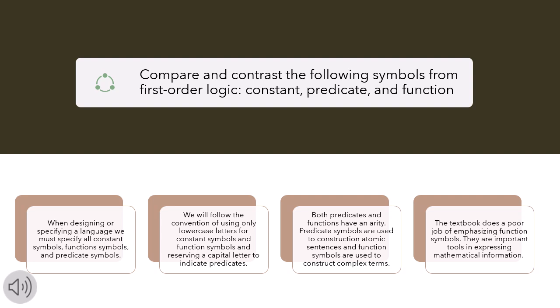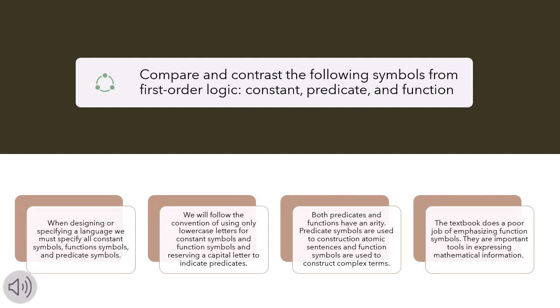The second is just something I said earlier, but I'd like to remind you again. We'll try to follow the convention of using lowercase letters for constant symbols and function symbols, even though they name things, and reserving a capital letter for predicates. The idea here is making it easier for you to read through and see that, okay, this is a predicate, and so therefore this statement is an atomic sentence.